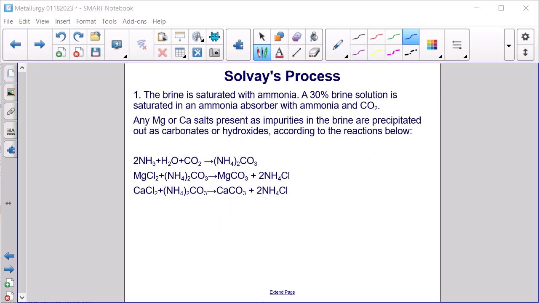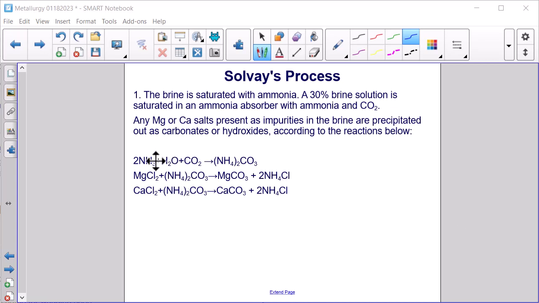Step 1. The brine is saturated with ammonia. A 30% brine solution is saturated in an ammonia absorber with ammonia and carbon dioxide. Any magnesium or calcium salts present as impurities in the brine are precipitated out as carbonates or hydroxides according to the reactions below.